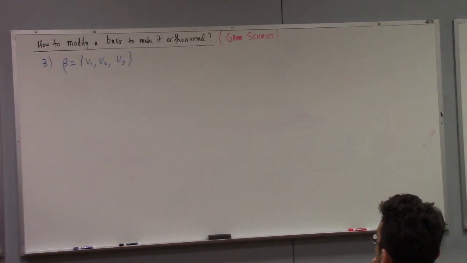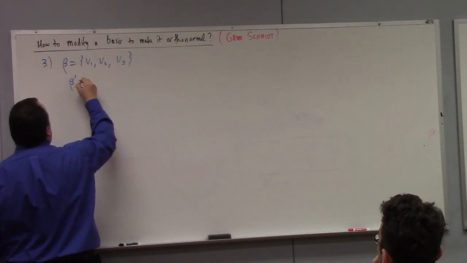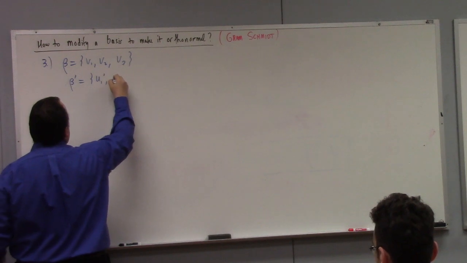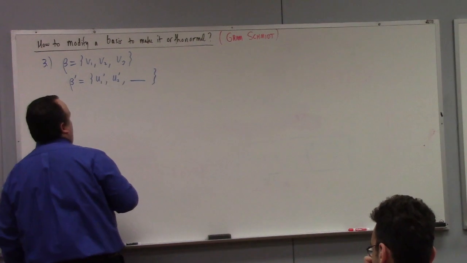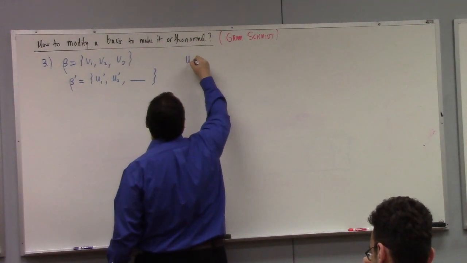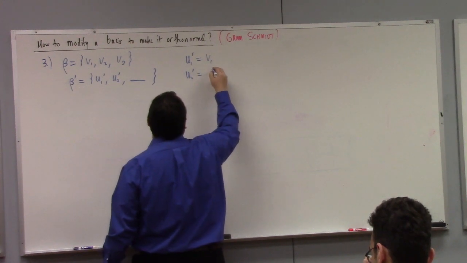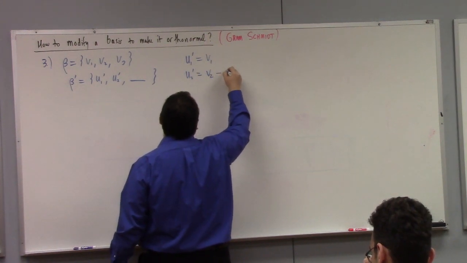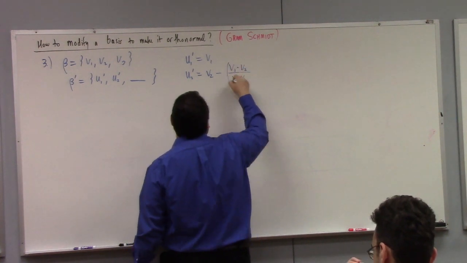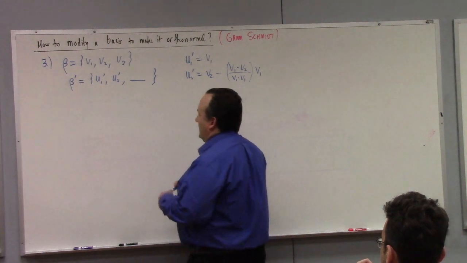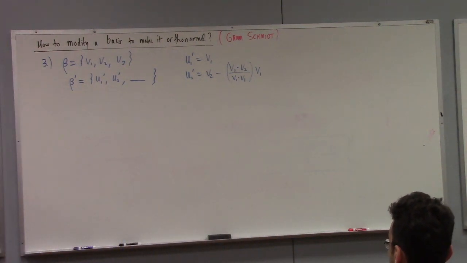So what we're going to do is essentially start with beta prime being (u1 prime, u2 prime). The question is what to do next. For the moment, we're going to let u1 prime equal v1, and we're going to let u2 prime equal v2 minus (v1 dot v2) divided by (v1 dot v1) times v1, like we just did. That's going to be our construction for the first 2. That will orthogonalize the first 2.